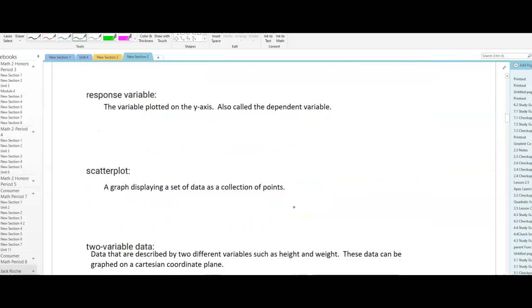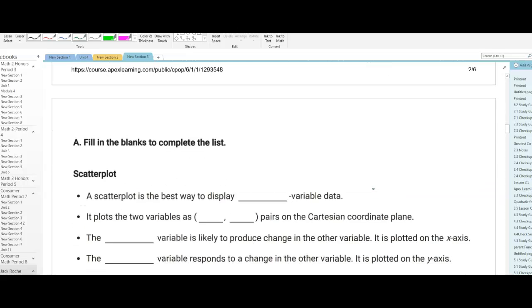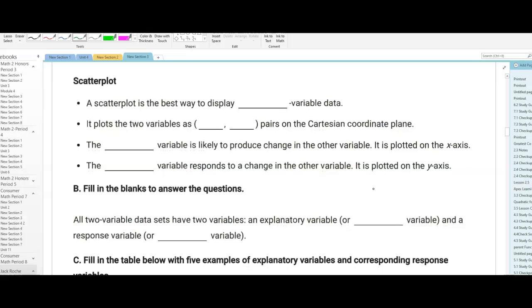Okay, so now a scatter plot again is just a bunch of points plotted, and then you have your two variable data. So let's take a look here. A scatter plot is the best way to display two variable data. And it plots the two variables as x and y pairs on the Cartesian coordinate plane.